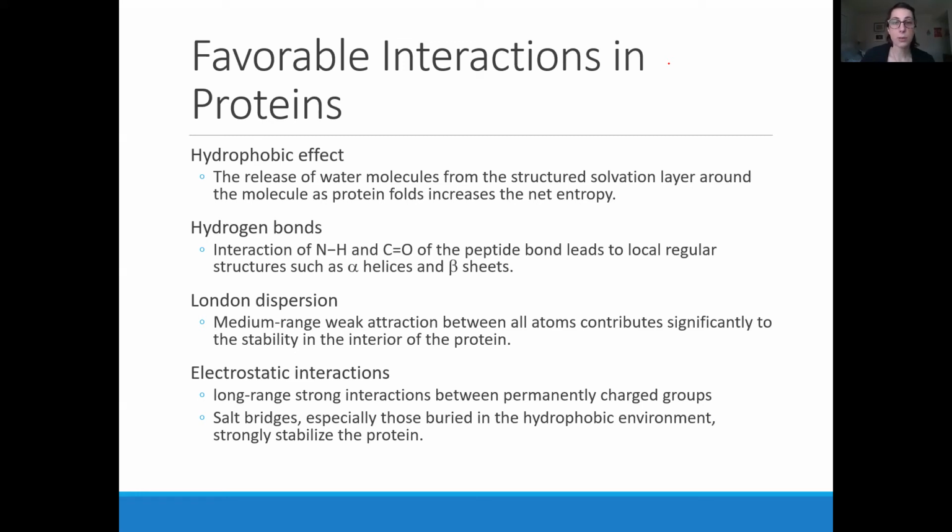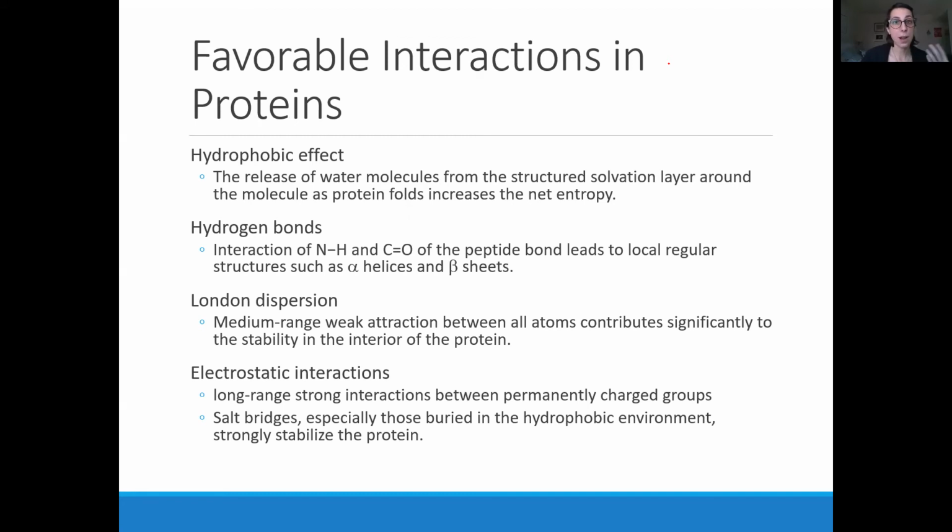Other types of non-covalent interactions also hold together molecules. London dispersion effects. We talked about this when we discussed van der Waals effects. This is just a medium range, weak interaction that occurs between any atoms that hold them together just based on their proximity to each other. And lastly, there are electrostatic interactions, which the main type you'll be thinking about is an ionic bond.